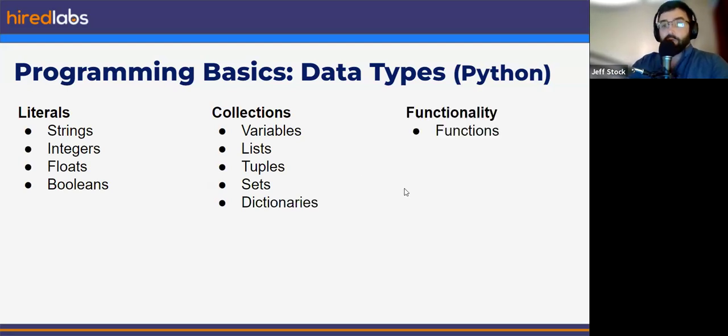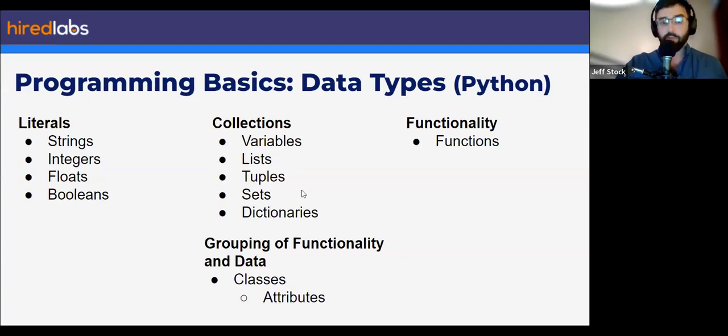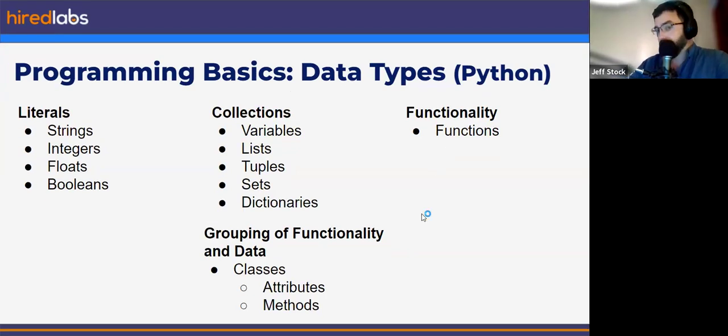Things that have functionality, which is really just our functions, and then ways of grouping functionality and data, which was our classes that have attributes. If you remember, that's the same as variables syntactically, but they're bound to a class, inside of a class. So attributes and variables look the same, but attributes are inside of classes. Similarly, methods and functions are basically the same syntactically, but methods are inside of classes, and that's the main difference. There are most likely other differences, but for our purposes, that's enough.